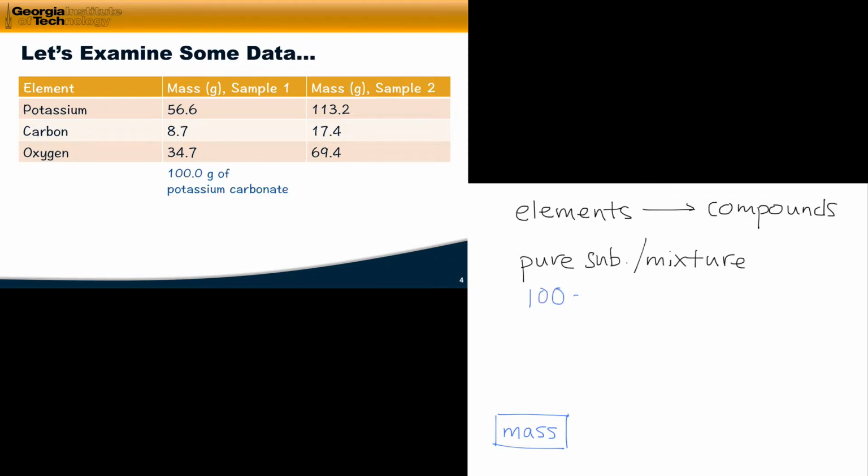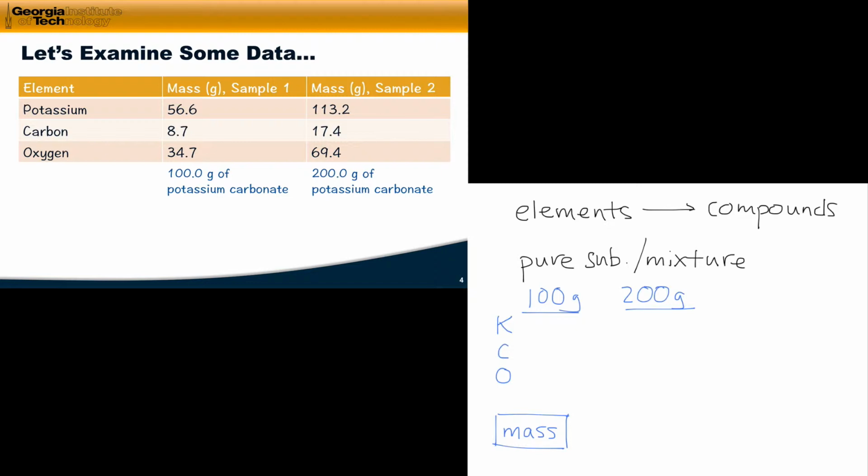The first sample, sample 1, contains a total mass of 100 grams of potassium carbonate. The second sample contains 200 grams of potassium carbonate. And if we look at the two samples, what we can do is express each mass as a percentage of the total mass. So we can get a percentage of potassium, percentage of carbon, and a percentage of oxygen.